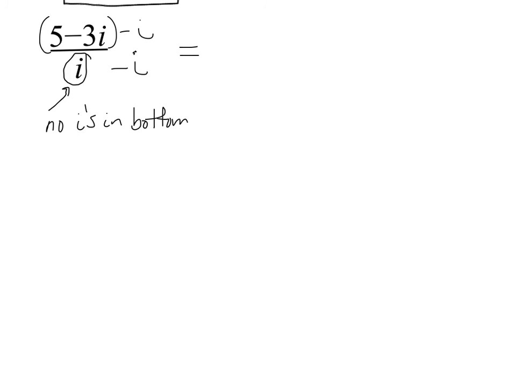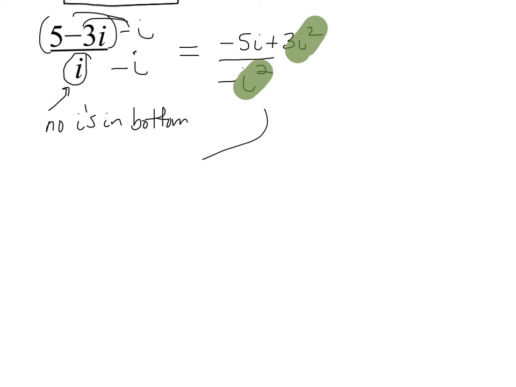Let's see what happens. So on the bottom I get negative i squared. And on the top I'll distribute this negative i. So 5 times negative i is negative 5i. And then negative i times negative 3i is positive 3i squared. Oh, but again, I've got two i squareds. So i squareds can be replaced by negative 1.